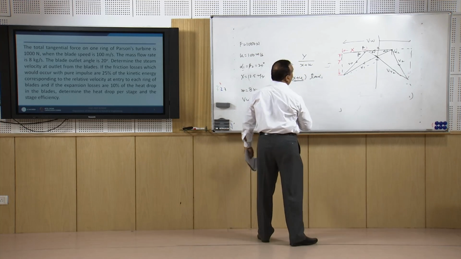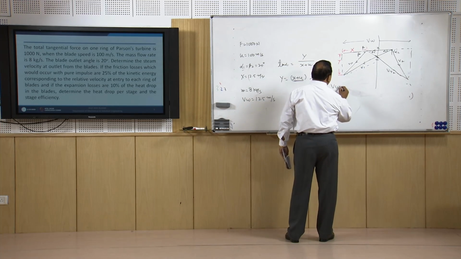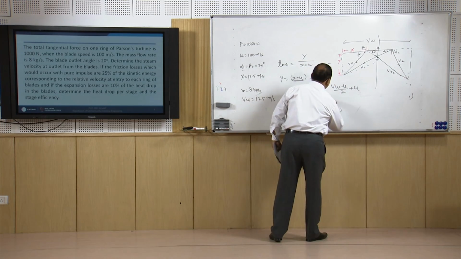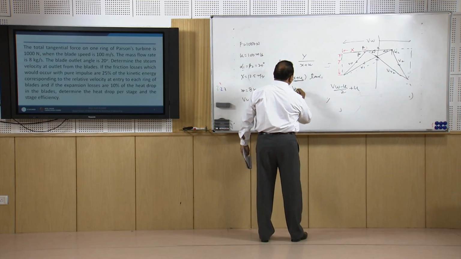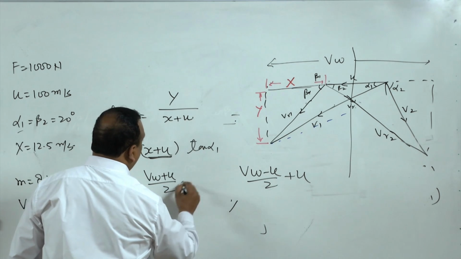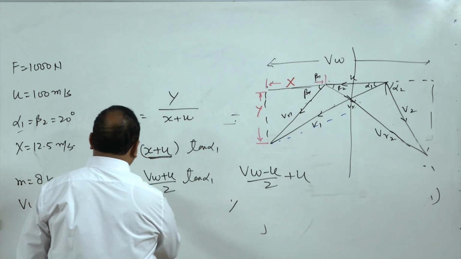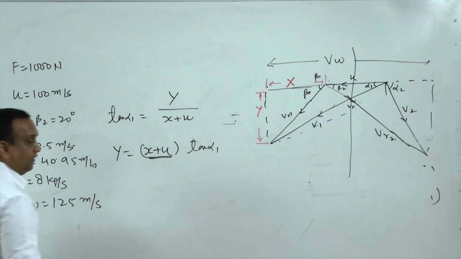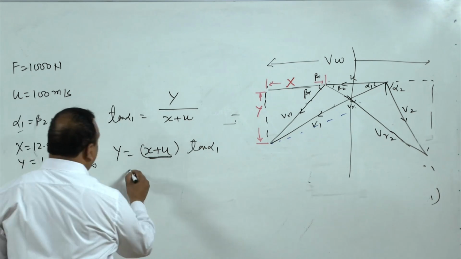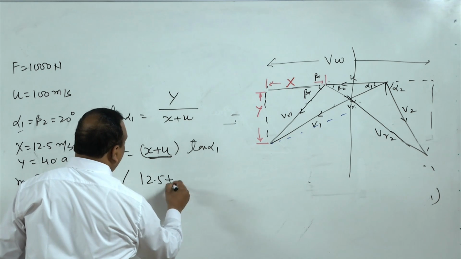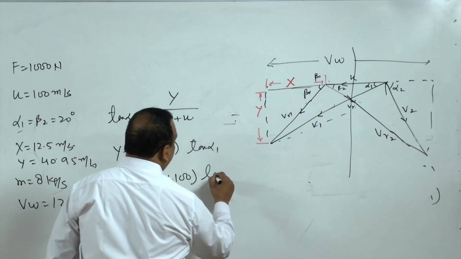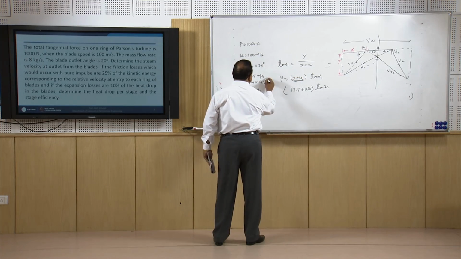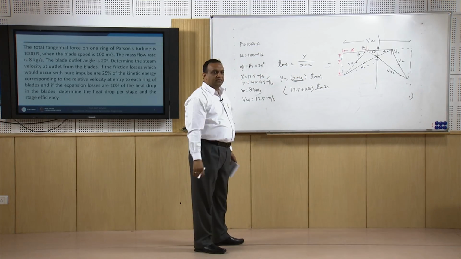Here x plus U is (VW minus U)/2 plus U, so this expression is (VW plus U)/2 tan alpha 1. Now, x we have already calculated as 12.5, U is 100, tan 20, and this will give the value of y as 40.95 meters per second.